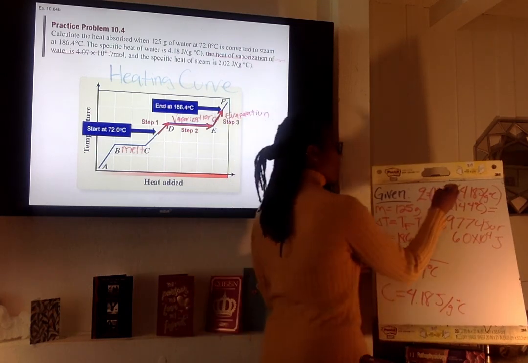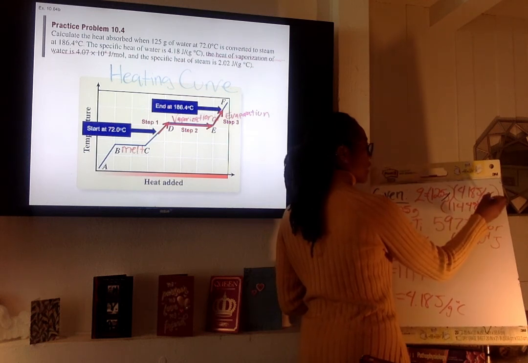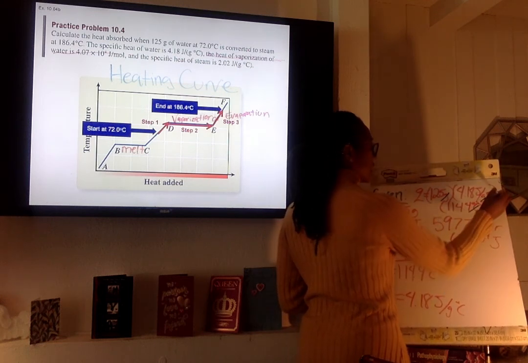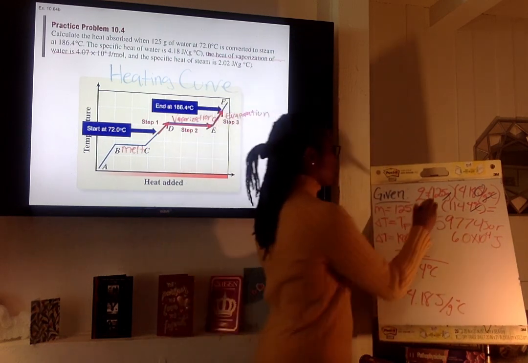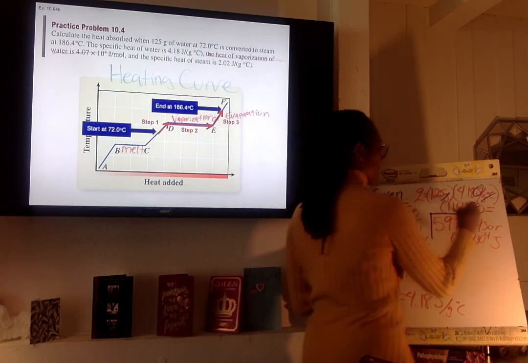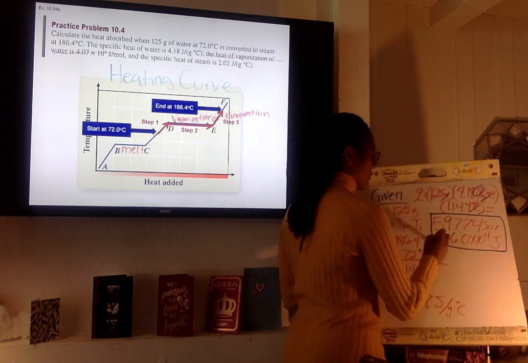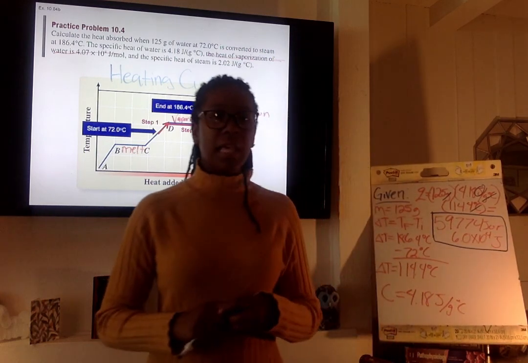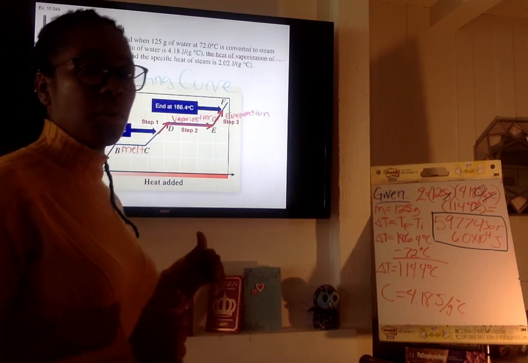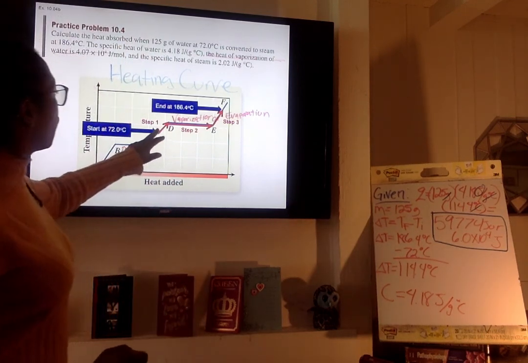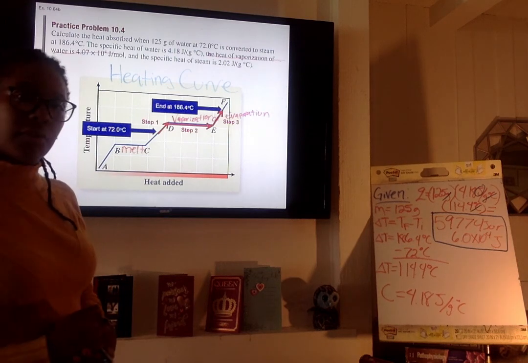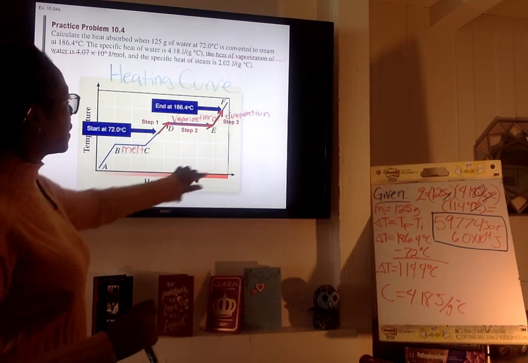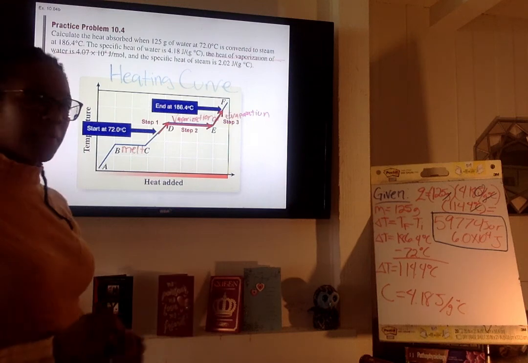That's how you're able to cancel out the grams here and the degrees Celsius here, and then you're just left with joules. Okay, and so this is the final answer for Q. That's how much heat was absorbed in transitioning from here to here.